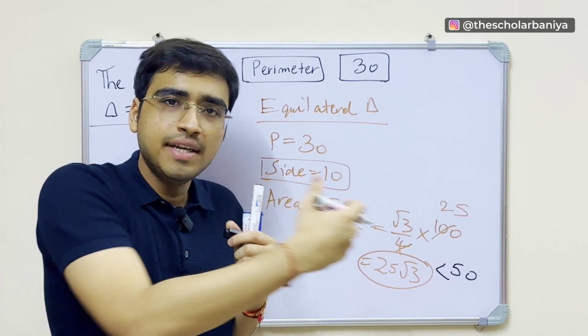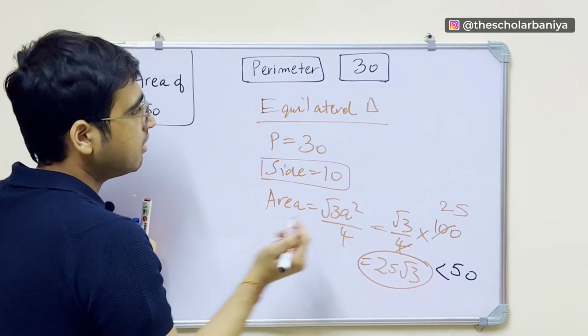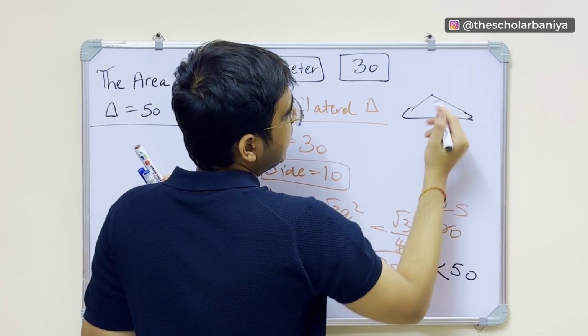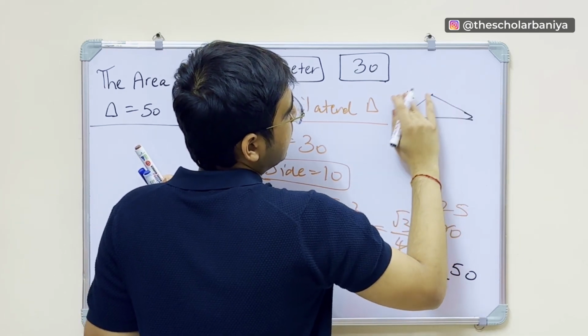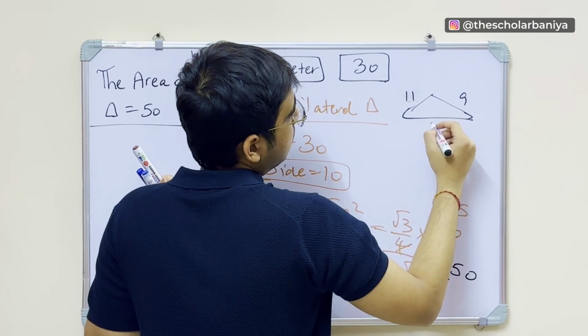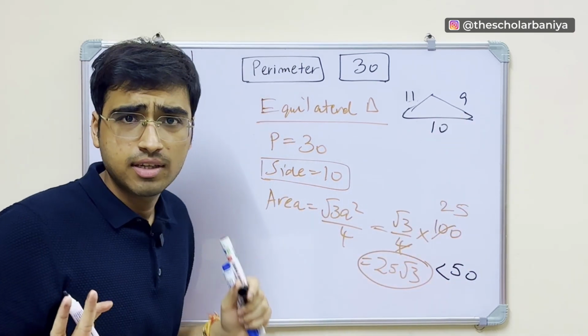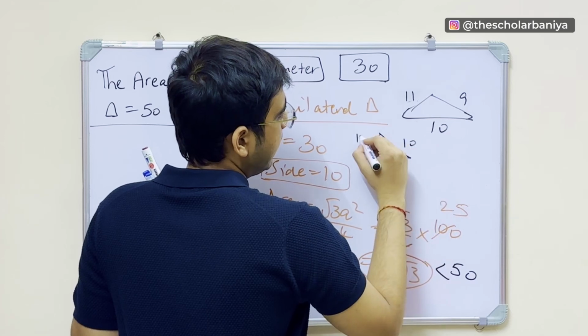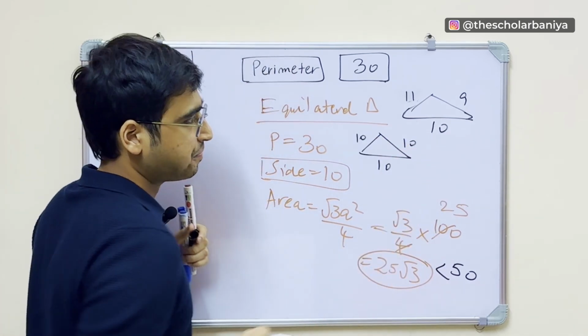Then there can be different areas for the triangle, right? For example, if this is one triangle in which this side is 11, this side is 9, this side is 10. One possible case, right? Other possible case is 10, 10, 10.